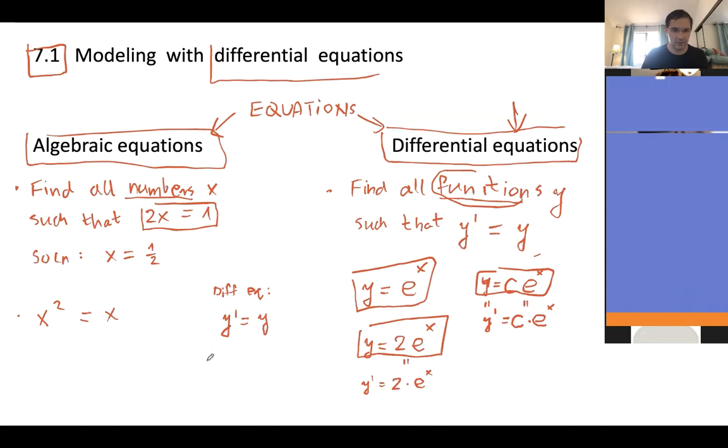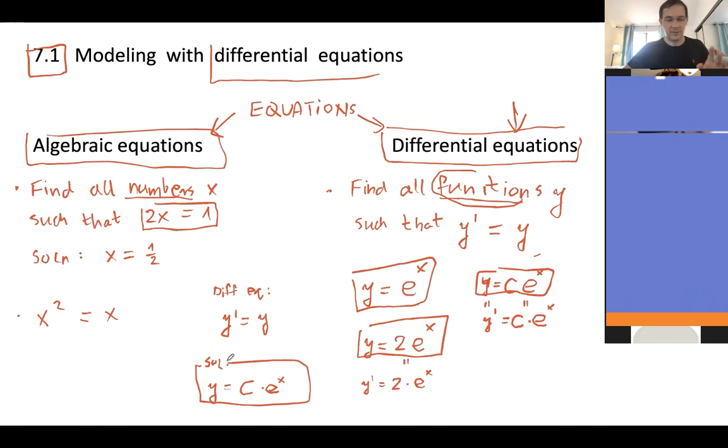And the general solution of this differential equation would be: take any constant c and consider the function c times the exponential function, c times e to the x. So this is the general solution of this differential equation.